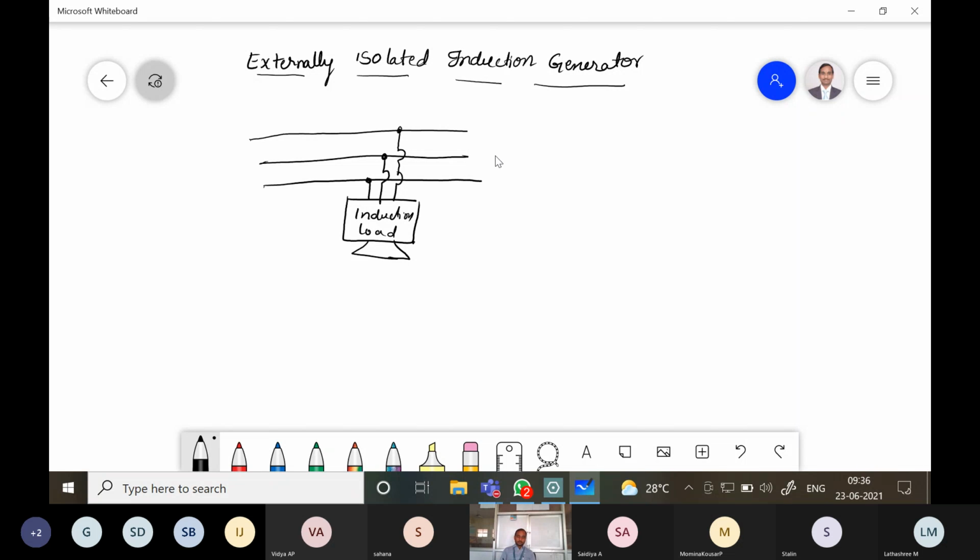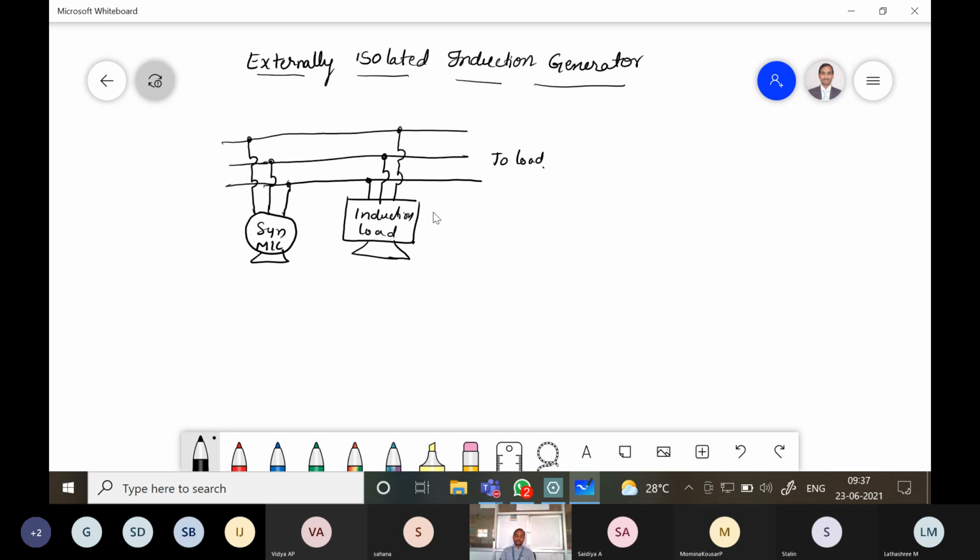Okay, so load side, and it is also connected to the synchronous machine, that is the generator, also connected to the same grid. So external excitation requires an external source for its excitation.